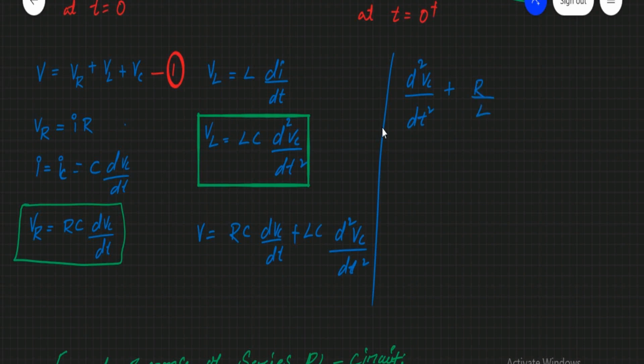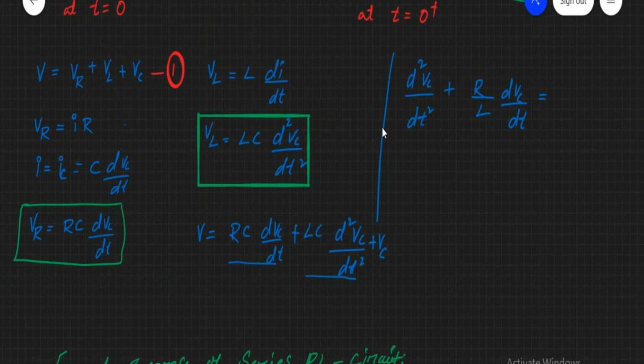Sorry, here we need to write plus VC. This is your VR, this is your VL, and we are left with one more term, that is VC. So this is the equation.